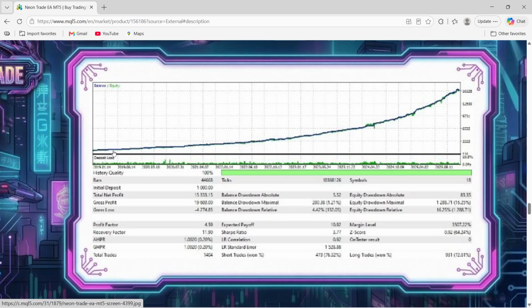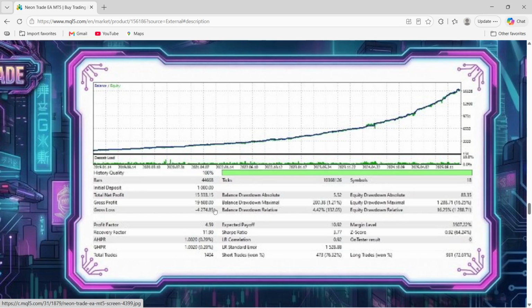It's grinded up very slowly. It looks a little flat over time, but overall, if you look closely, you can see it was grinding up very slowly, and then as it went on towards the further right, you can see the sharp movements to the upside, showing that it picked up from the mid-range towards the far right, and you can see that reflected in its results.